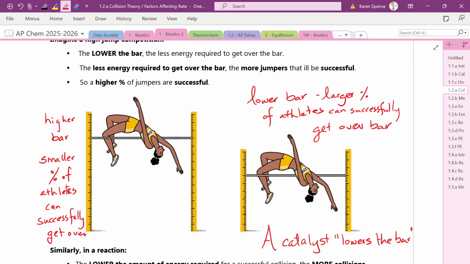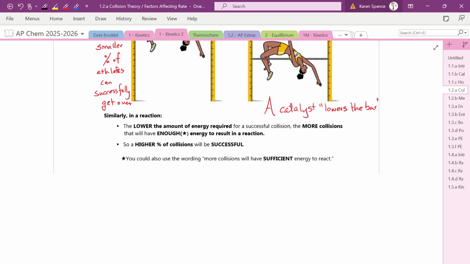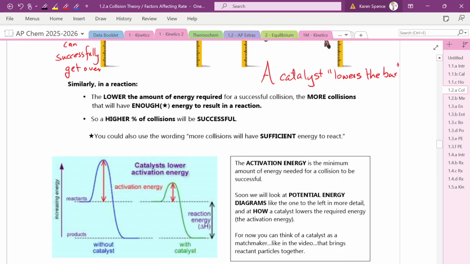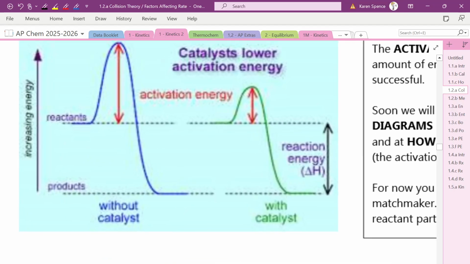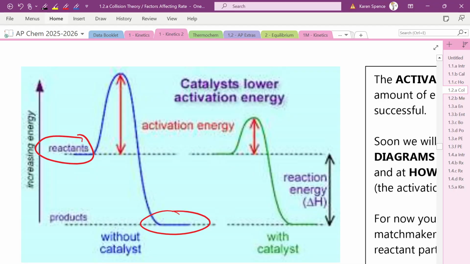Okay, but basically, just from an analogy standpoint at this point, you can see down here a potential energy diagram. Do you remember we had our reactants and then our products? This particular reaction would be exothermic, right? Reactants, products. Here we are breaking the bonds. Up here, the bonds are broken.